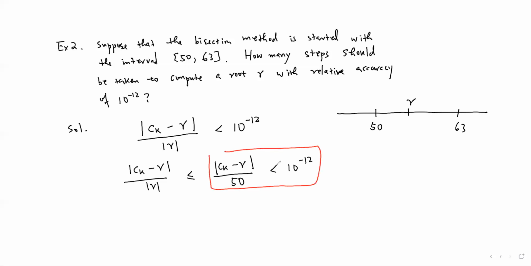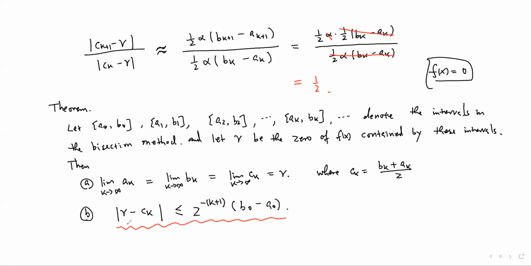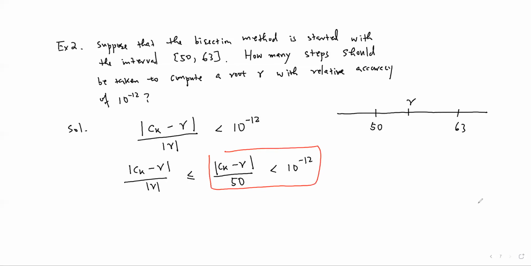On the other hand, by this property, |c_k minus r| is less than or equal to 2^{-(k+1)} times (b_0 minus a_0), where b_0, a_0 is the initial interval. b_0 minus a_0 is 13.